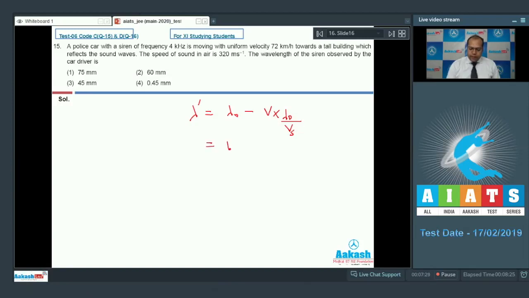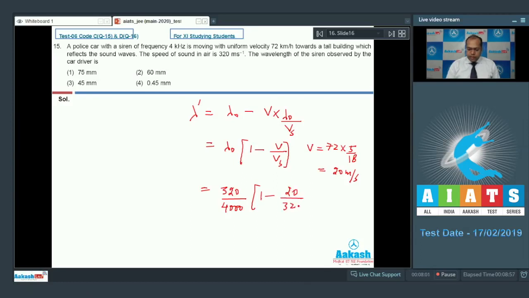So I can write it this way: lambda naught into 1 minus v upon vs. Here v is the velocity of the police car, that is 72 into 5 by 18, in order to convert it in meter per second, so it comes out to be 20 meter per second, and lambda naught is 320 divided by 4000 hertz into 1 minus 20 divided by 320.